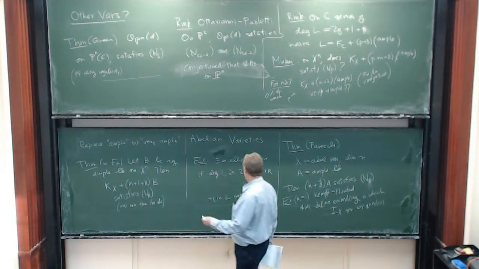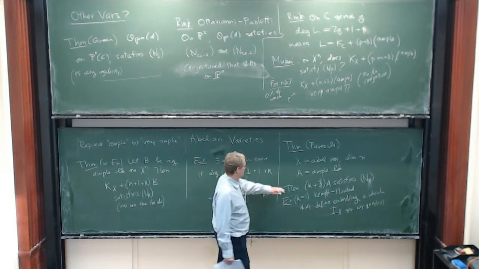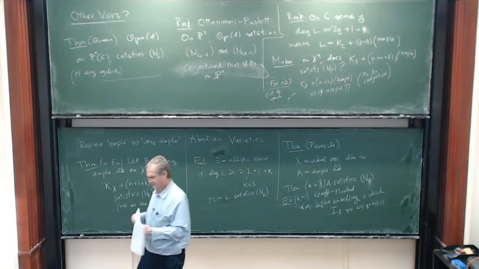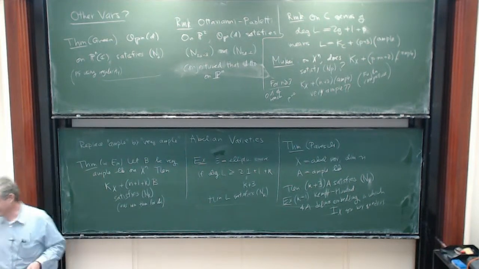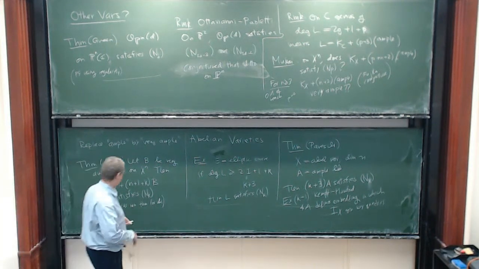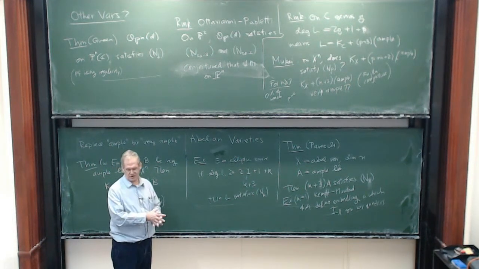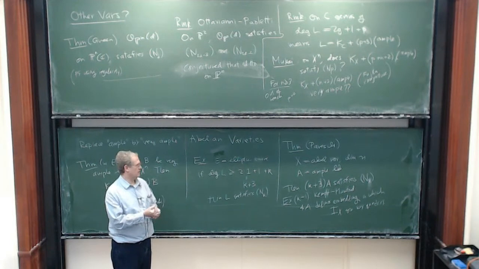Then Kempf, after this, had proven a similar statement, but with a sort of parasitic factor of 2. And then the good theorem was proven by Pareschi. It involves essentially Fourier-Mukai ideas, or what Pareschi calls the skew Pontryagin product. So I'll say a word or two about it next time.